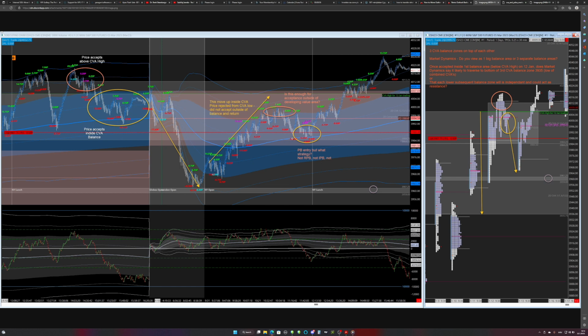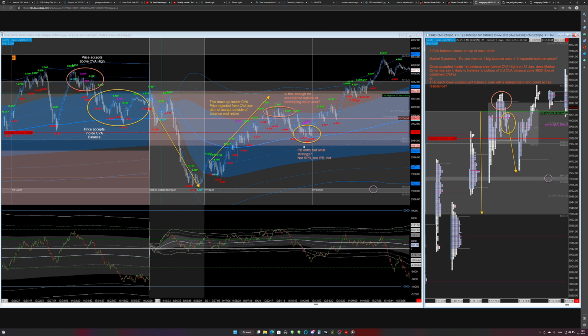So the slope of the VWAP is up, and this was a proper setup for taking this long here.